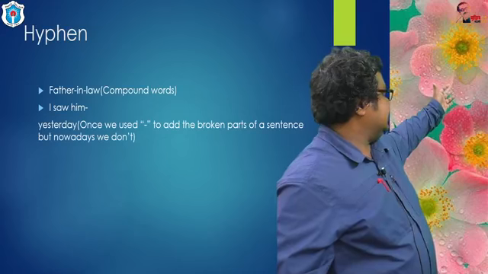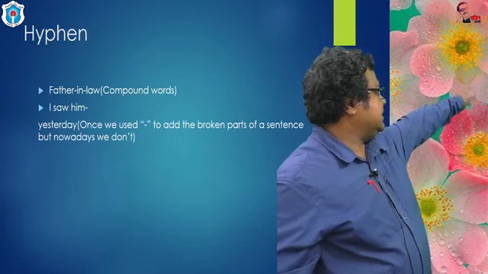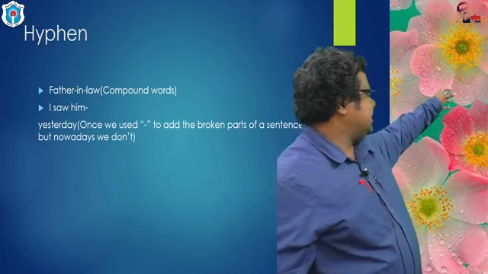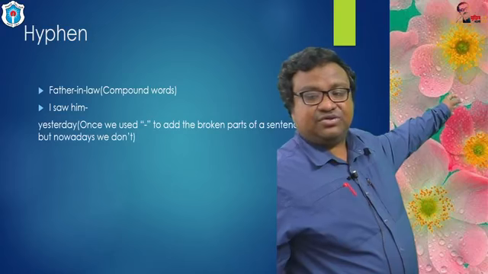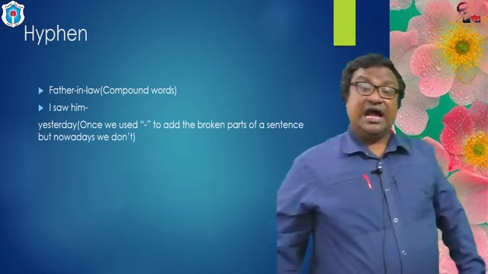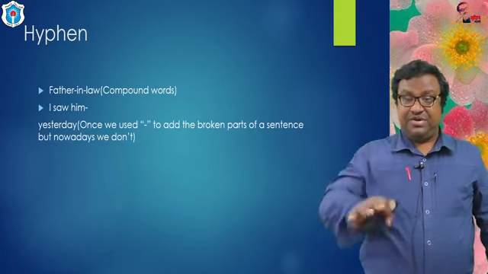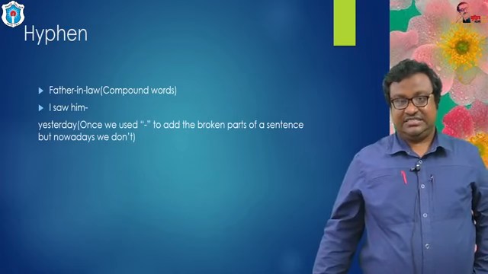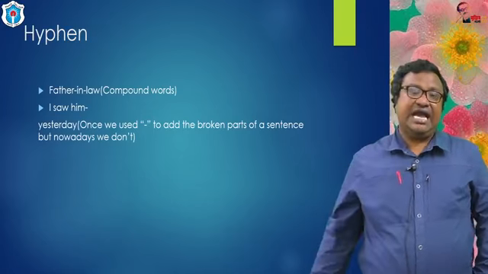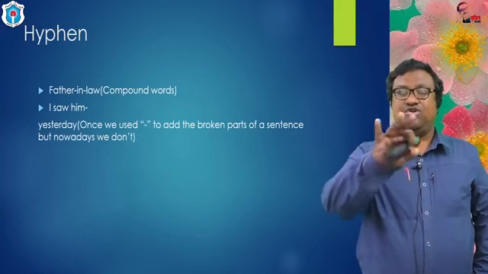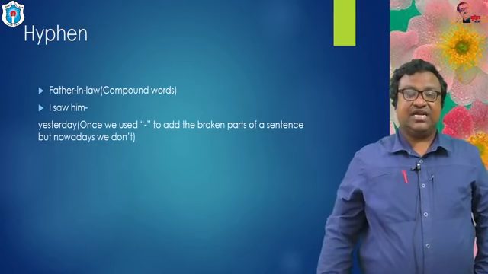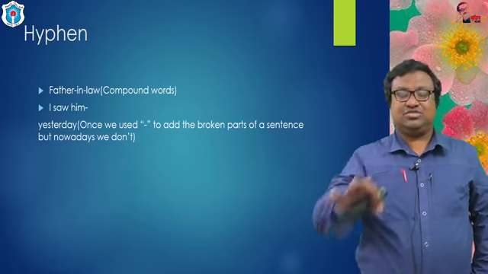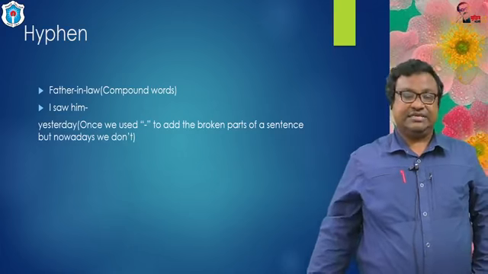Then for "yesterday" you have to write the rest on the next line, putting a hyphen here, and then the other part of the word. But beware, that is not a standard form nowadays. The second example I have given is actually not a standard form of English nowadays, and please do not do this in your examination hall.